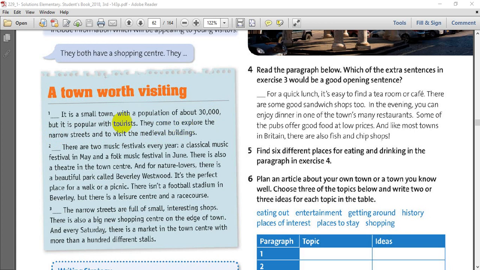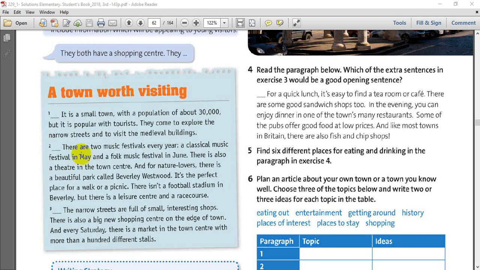They come to explore the narrow streets and to visit the medieval buildings.